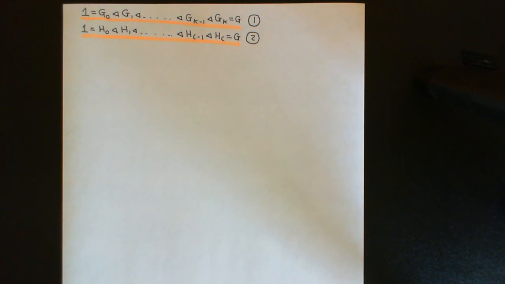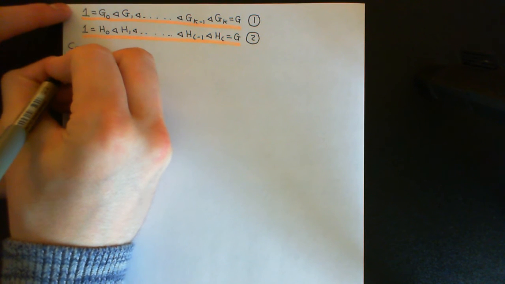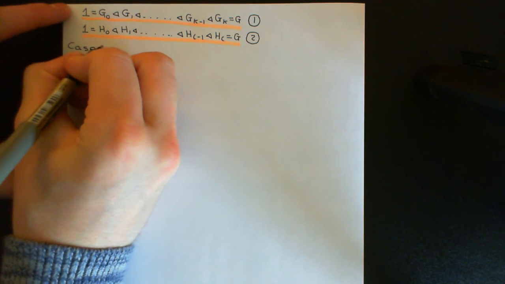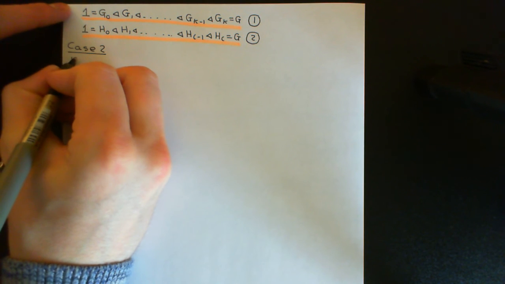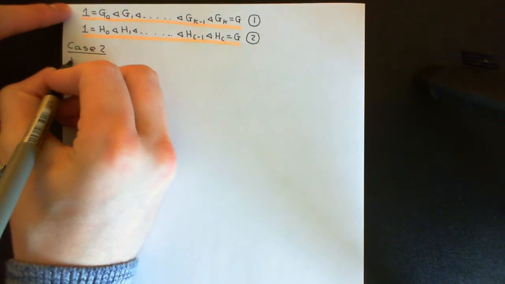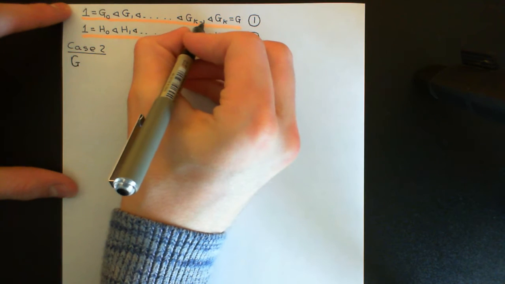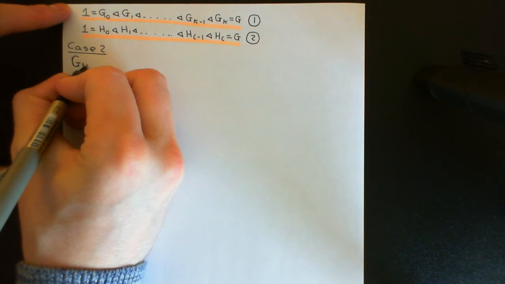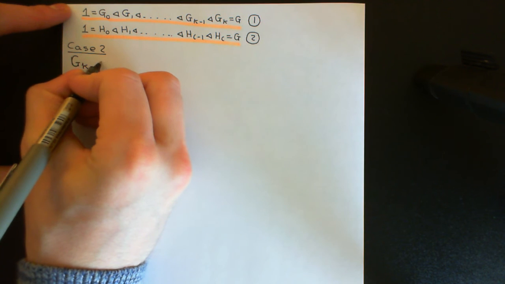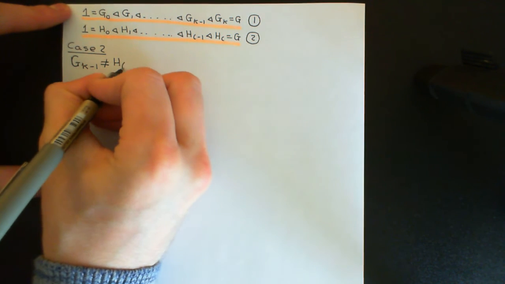What we now want to do is take on the harder case, which is where these two maximal normal subgroups are not equal to one another. So in case 2, we now assume that in these two different composition series, we have picked different maximal normal subgroups as our subgroups just to the left of the improper subgroup, i.e. G_{k-1} is not equal to H_{l-1}.